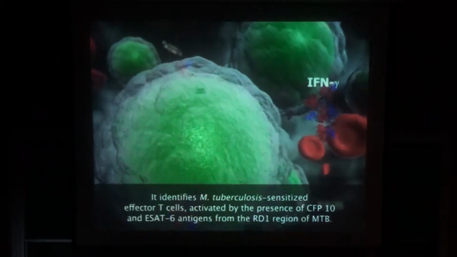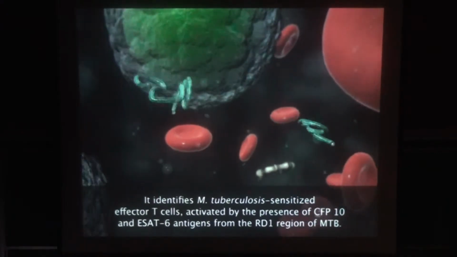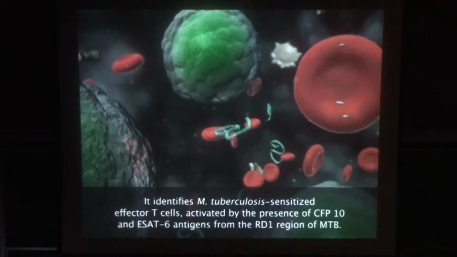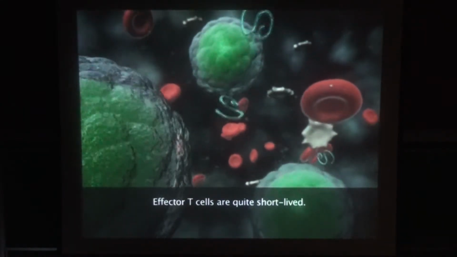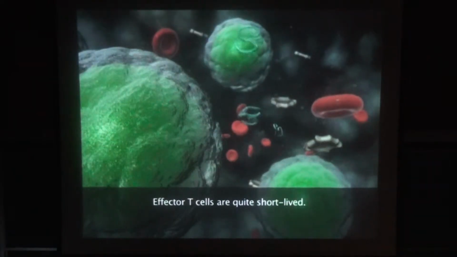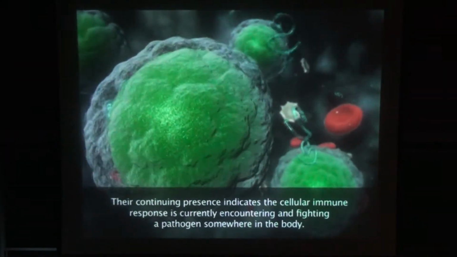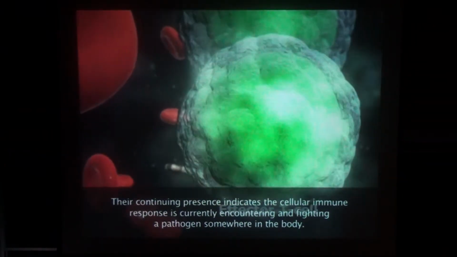It identifies M. tuberculosis sensitized effector T cells activated by the presence of CFP10 and ESAT6 antigens from the RD1 region of MTB. Effector T cells are quite short-lived. Their continuing presence indicates the cellular immune response is currently encountering and fighting a pathogen somewhere in the body.